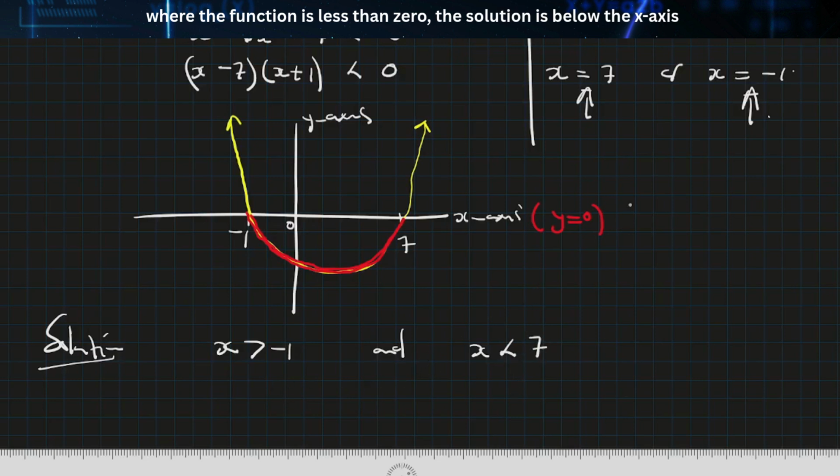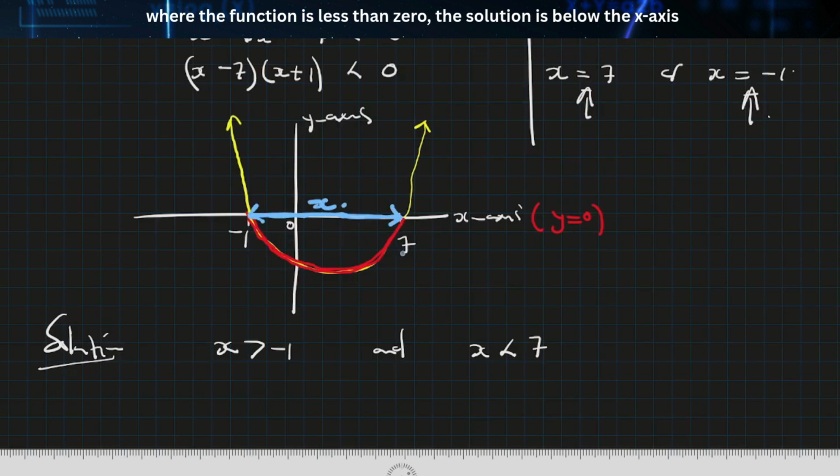I'm not saying equal to, because in the question there is no equal to. If you look carefully, these values are these ones here, and we'll indicate them with a blue marker on the graph. These are the x values that are needed by the inequality.